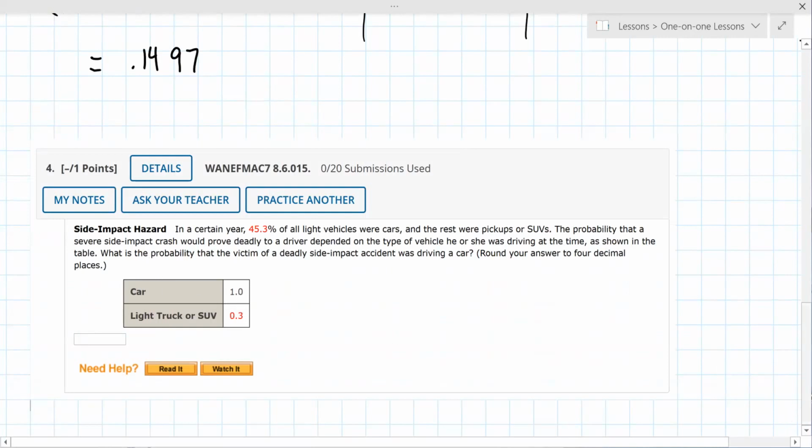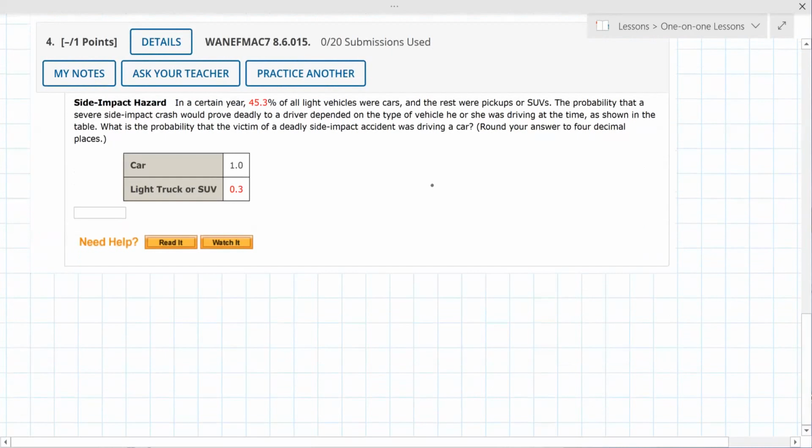Okay, so well, this is kind of a horrible question. So we got cars, and then they call it light truck or SUVs. So we'll just go, I don't know, LTS for those. So the probability that it's a car is 0.453, and then the other one is 1 minus that, so 0.547.